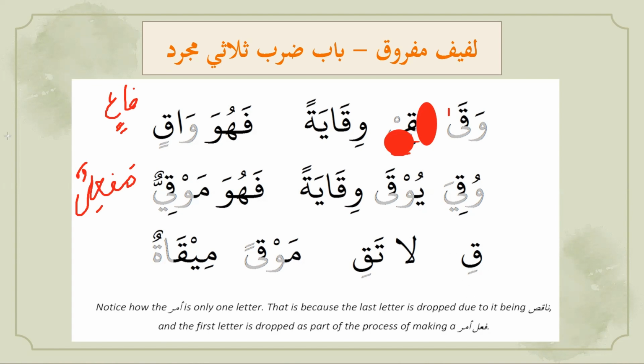Why did this happen? Because the last root letter is ya, so this is behaving like naqis words. And because waw is the first letter of this word, this is also behaving like a misal word. In misal words, you remember warasa, yarisu. So in present tense, the weak letter is dropped. Warasa, yarisu. The same way, wazana, yazinu. So waqa, yaqi.